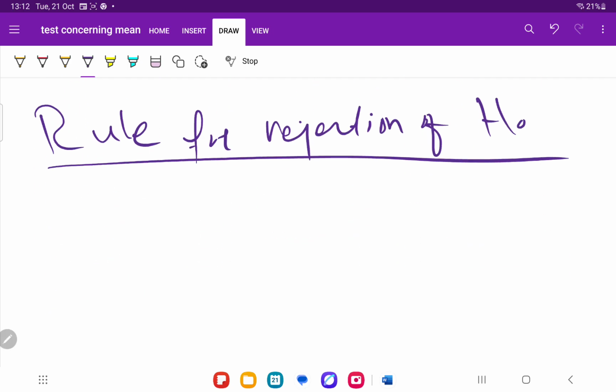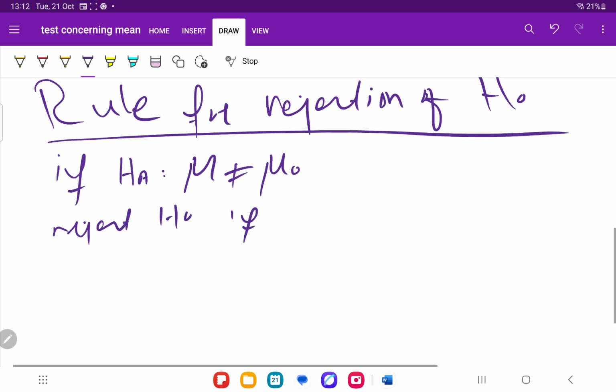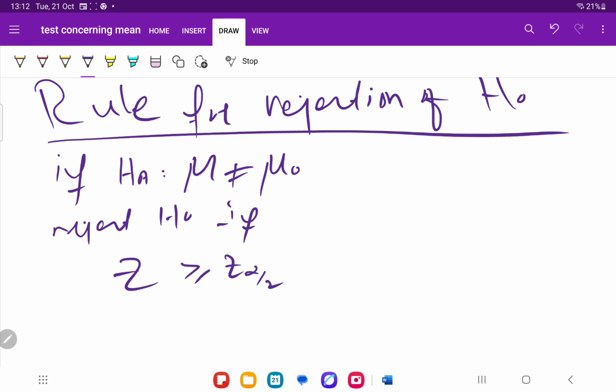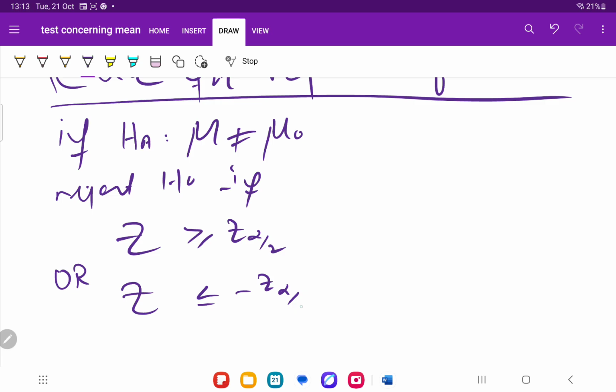If the alternative is mu not equal to mu naught, reject H naught if Z is greater than Z alpha by 2 or Z is less than or equal to minus Z alpha by 2. So two kinds of situation will be there.